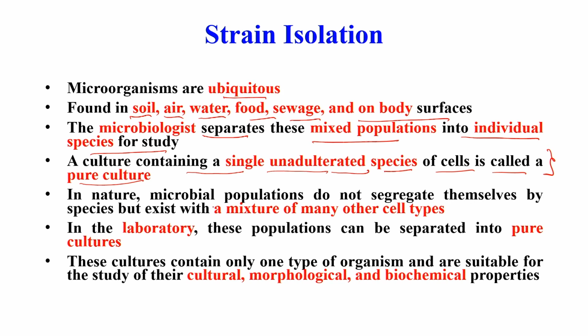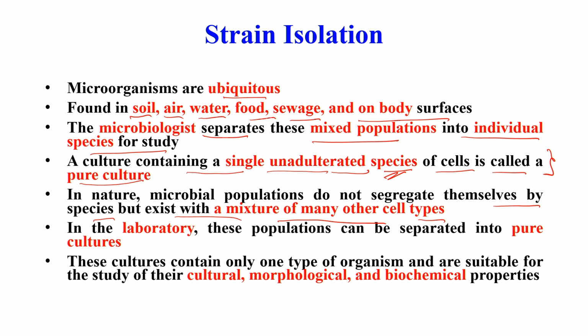Typically in nature, microbial populations do not segregate themselves by species, but exist as a mixture of many other cell types. So, whenever you are isolating from any source, you will always have a mixed population, and from the mixed population you have to select a single species, and that is called a pure culture.